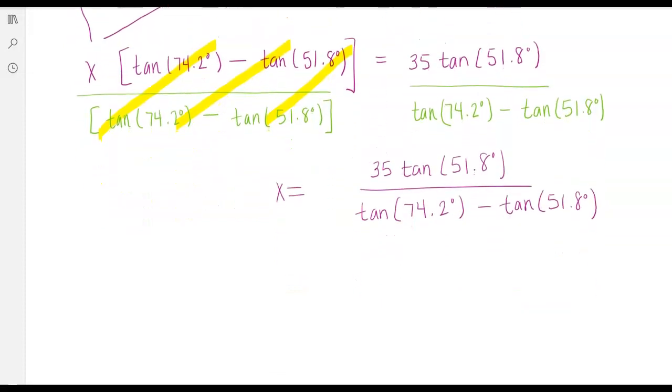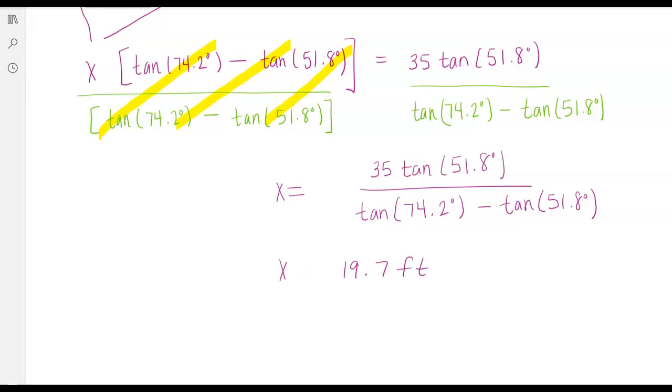All right, I'm going to plug that into the calculator. Let's see what I get. I am getting that x is approximately 19.7 feet.